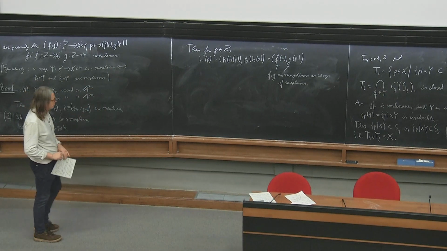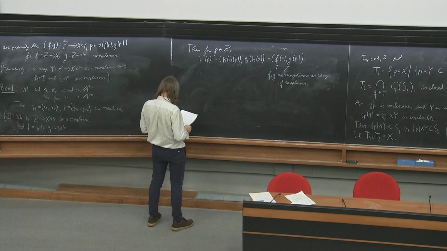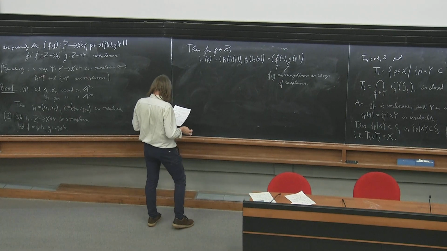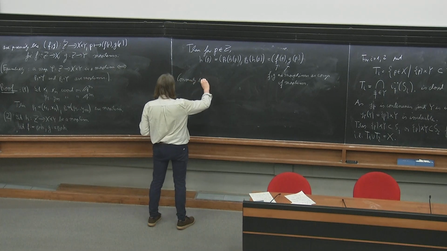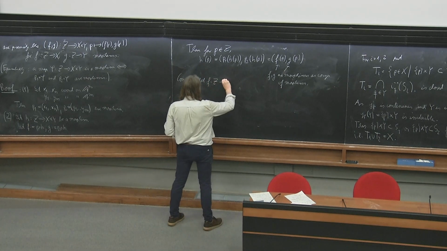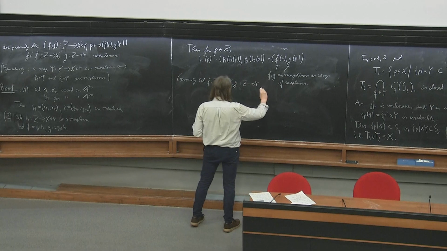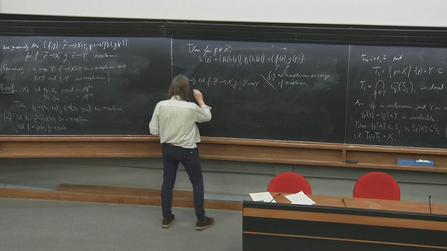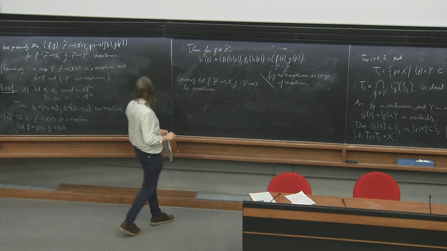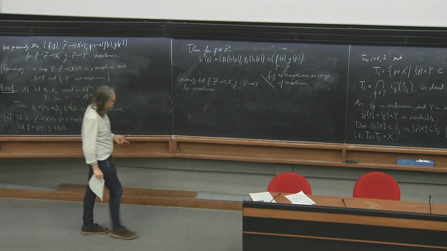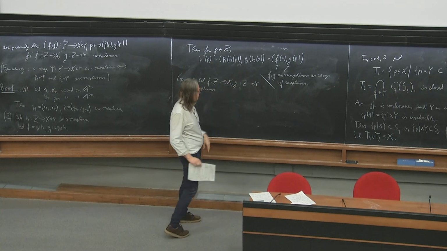Every morphism is of this form. Now, let's take a map of this form. So, conversely, let F from Z to X and G from Z to Y be morphisms. Now we are in affine space here. To be a morphism means it's given by here an n-tuple of regular functions, here an m-tuple of regular functions.